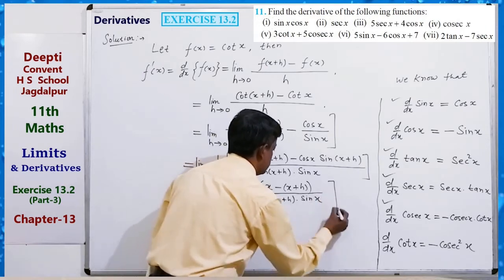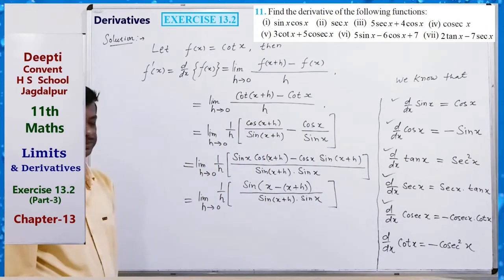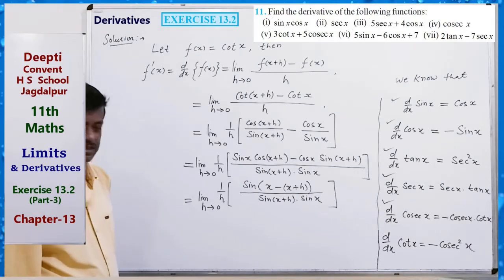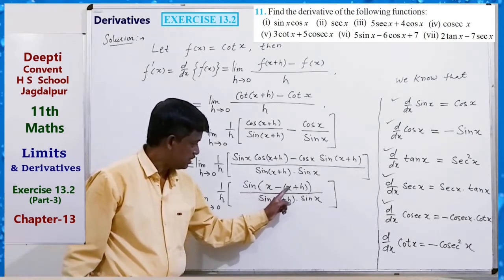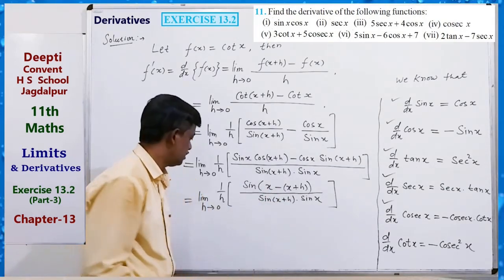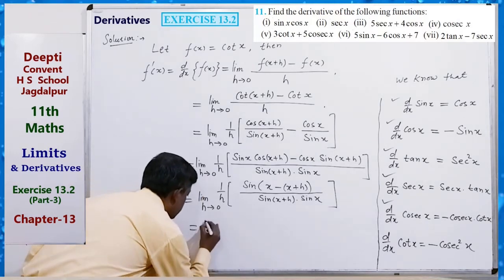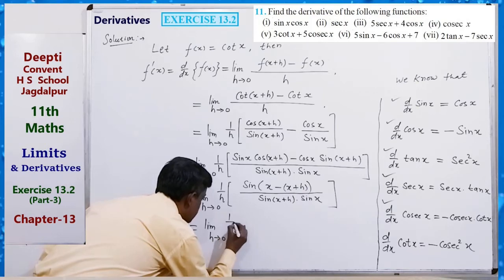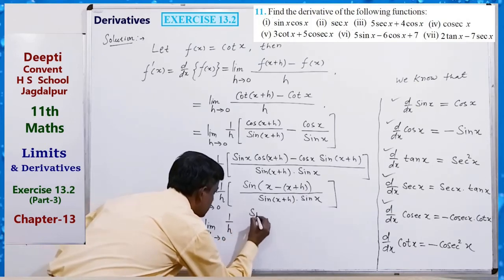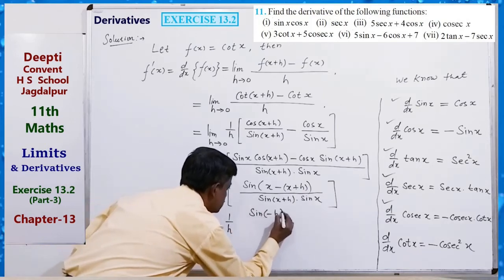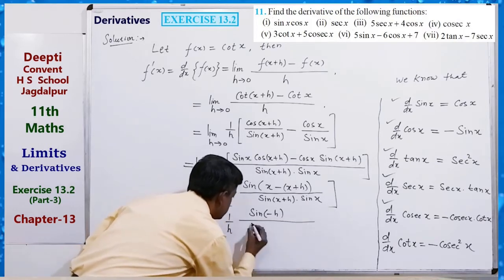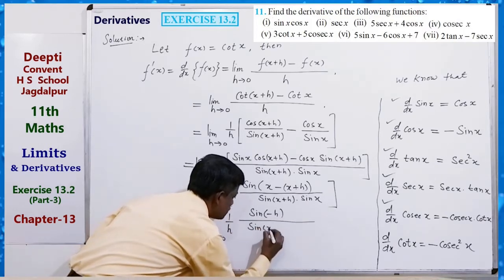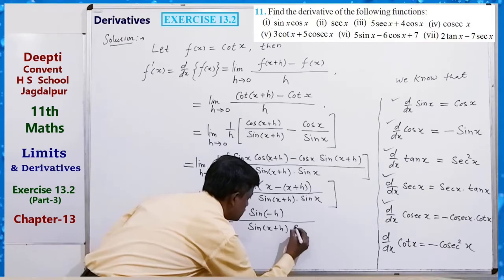Now here we see that x minus x cancels. So just write one more time: limit h tending to 0, 1 by h sin(minus h) upon sin(x plus h) sin x.